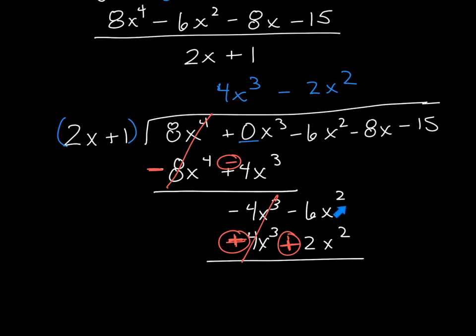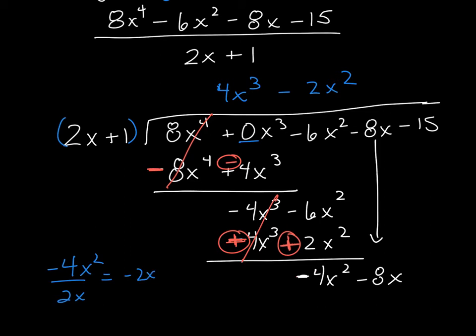Then you go through and it's negative 6x squared plus 2x squared, which leaves us with a negative 4x squared. I take the 8x and bring that down. I repeat the process. So again, I'm asking myself, 2x times what will equal a negative 4x squared? The math portion of that is I'm dividing negative 4x squared by 2x, which is negative 2x.